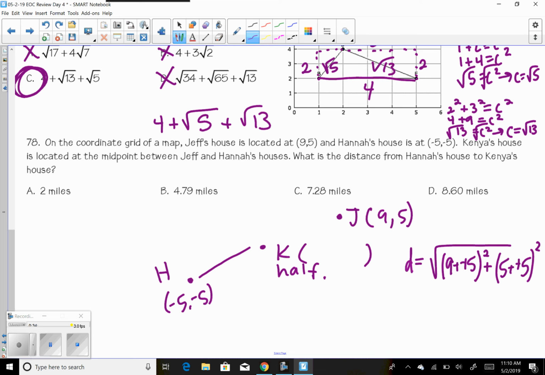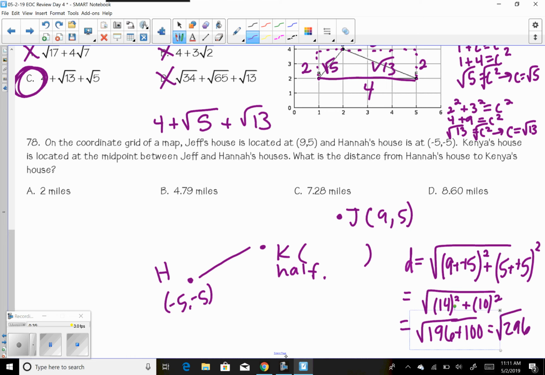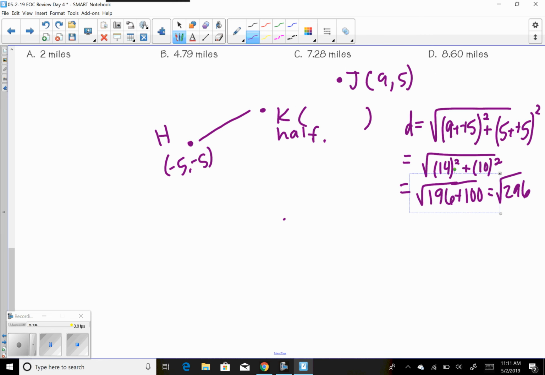Those all become positives. So I get the square root of 14 squared plus 10 squared. Okay. So 14 squared is 196 plus 100. It's the square root of 296. Okay? So that's about 17.2.